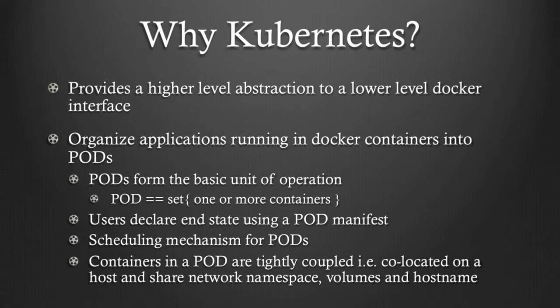Keep in mind that a pod is not intended to be running multiple instances of the same application. For instance, you will not be running multiple web servers in a single pod. You will have multiple pods for doing that. So the way you do it is you declare the end state using a pod manifest. Much like, if you're familiar with Heat, you declare an end state with a Heat template.